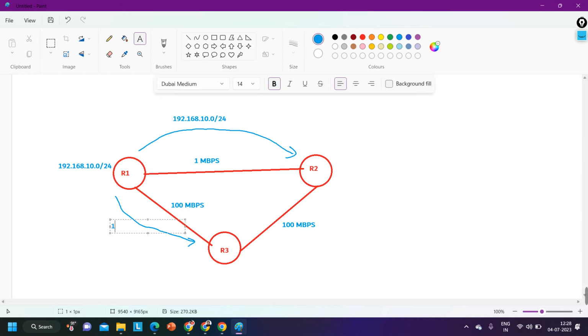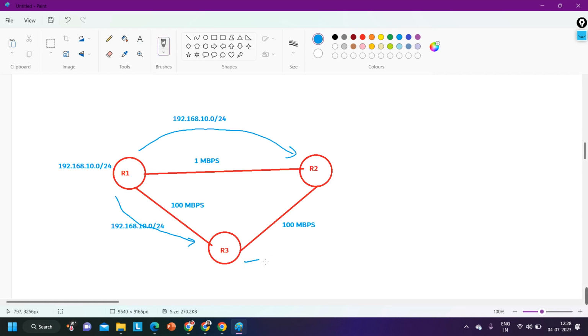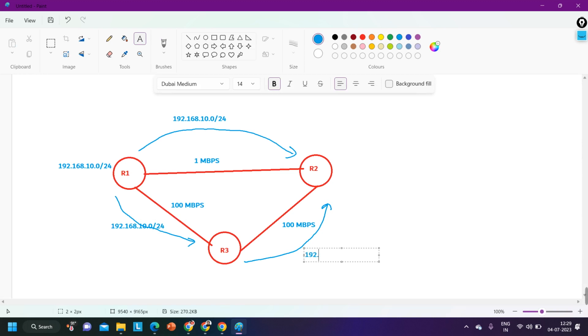Here also the network will be 192.168.10.0/24. And router 3 will also advertise this network information to router 2. Same network information, 192.168.10.0/24. Now tell me, is router 2 receiving the same network information from two sides or not?